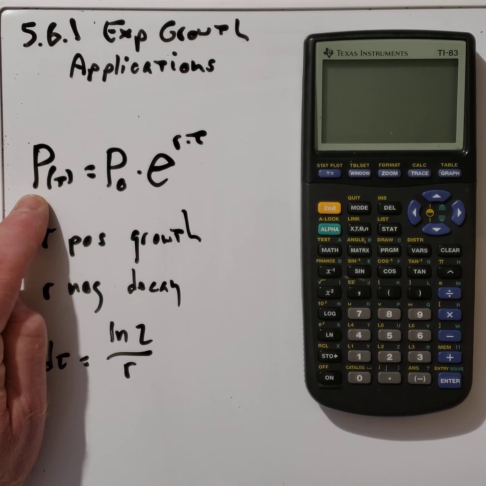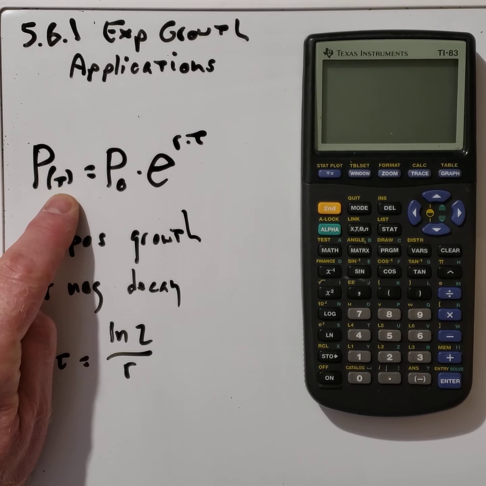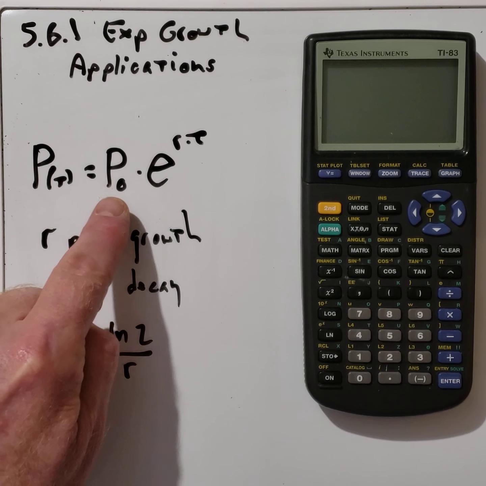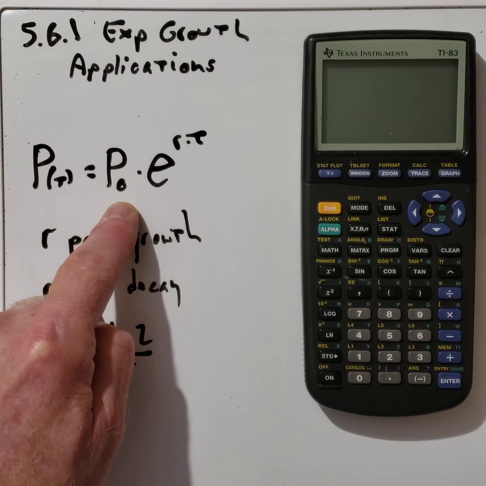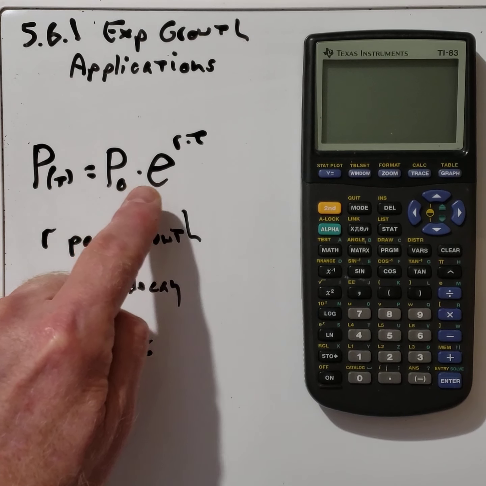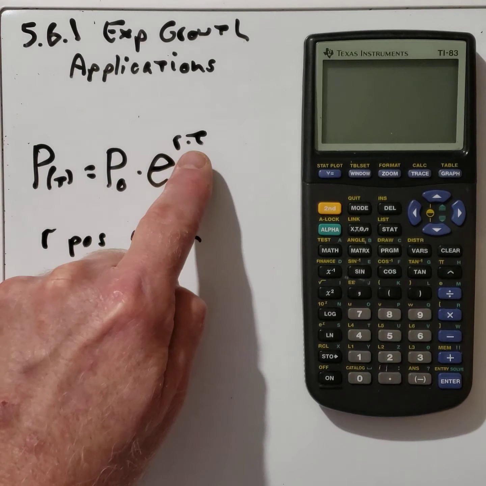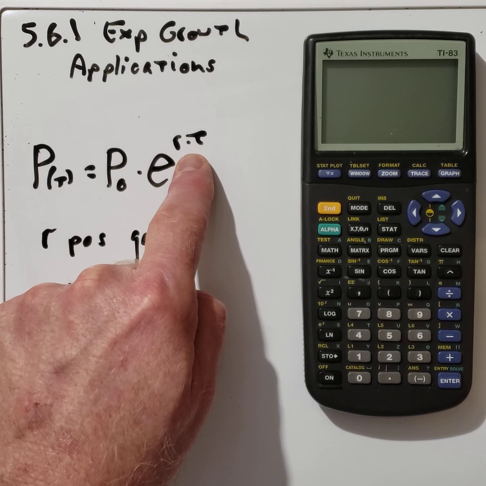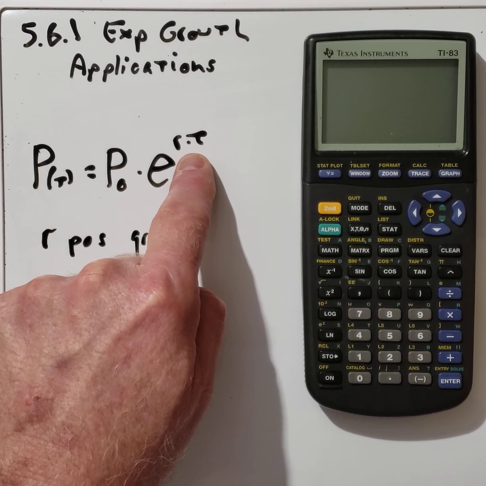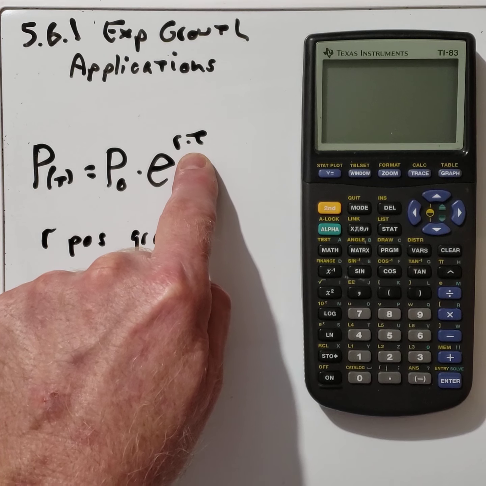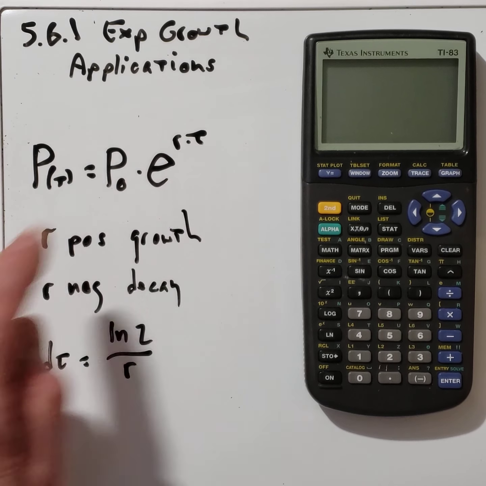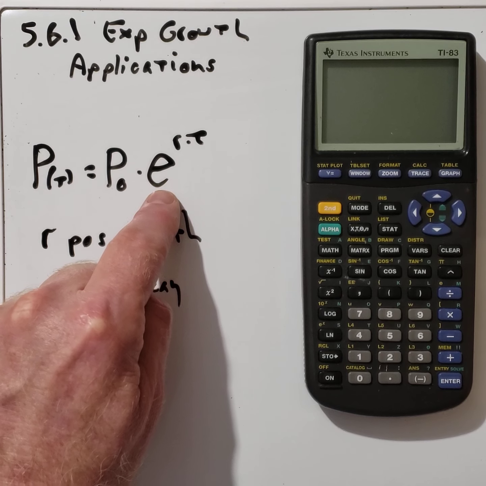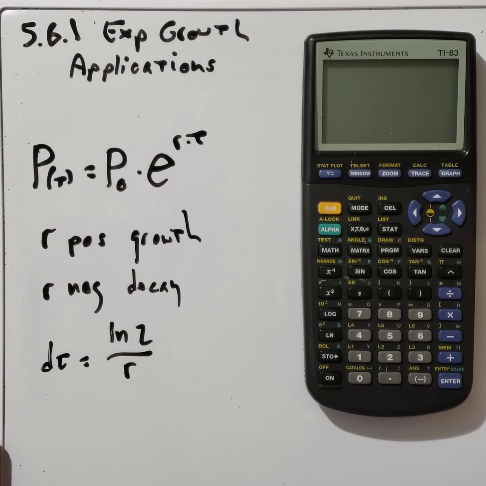The amount of whatever after T time periods, be it days or years or whatever, is the original population, wherever the thing started at, times e to the product of the rate, how fast it's growing, as a decimal, times the amount of time that the thing has been growing or decaying. So it's very simple. It's just where it started, e to the rate times time.